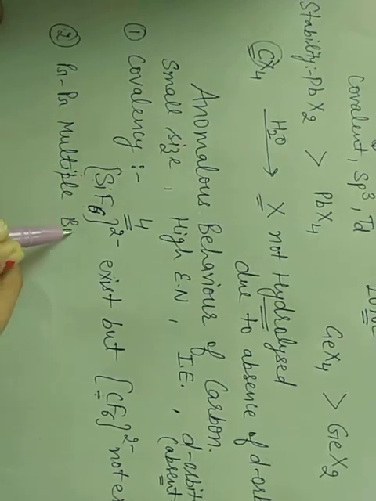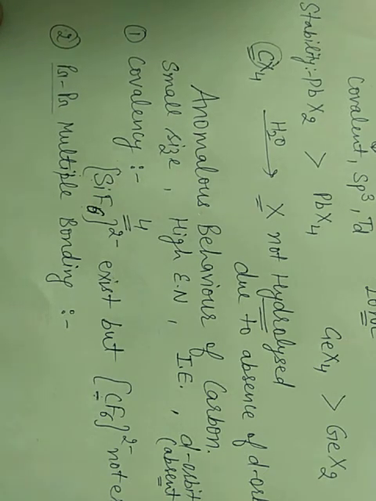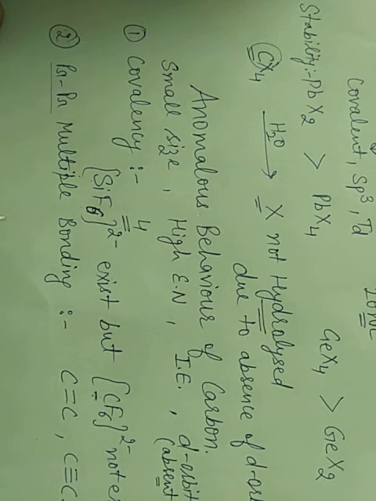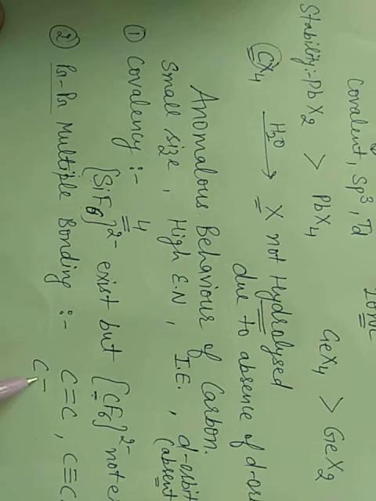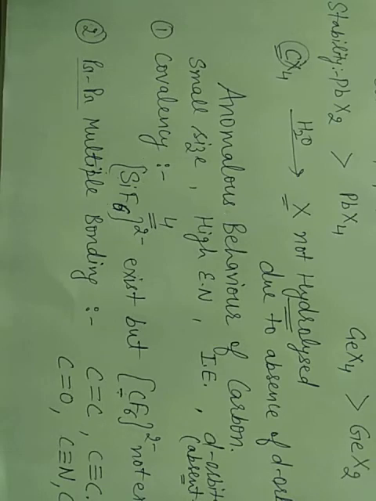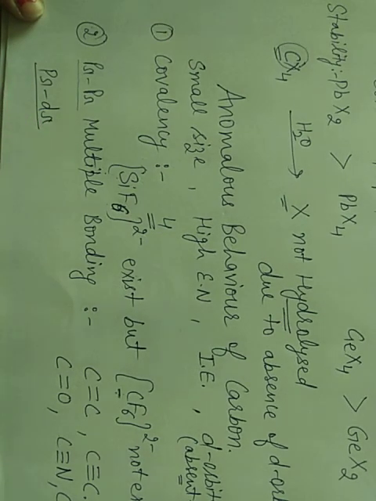P pi p pi multiple bonding means carbon has a high tendency to form p pi multiple bonds, like carbon double bond carbon, carbon triple bond carbon, and some other atoms like C double bond O, C triple bond N, and C double bond S. But the other members don't have the tendency to form p pi p pi bonding, and they form p pi d pi bonding because d orbitals are present in silicon, germanium, lead and tin.